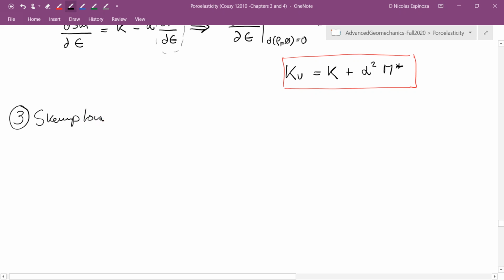For the Skempton parameter, we're going to use the letter B, and B, or Skempton parameter, is going to be defined as minus one times the change of pressure expected due to a change in mean stress, total mean stress, under undrained conditions.